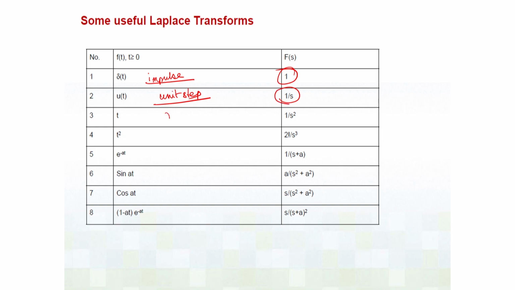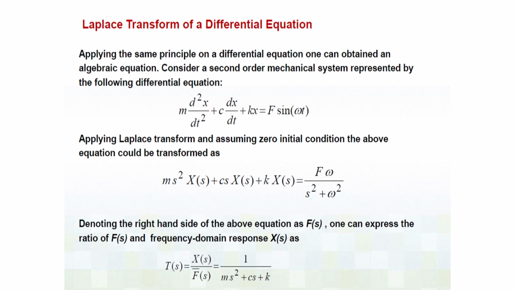For the ramp, this is the ramp, it is 1 over s square, and this is called the parabolic ramp, for it is factorial 2 over s cube. Then we have things like exponential, sinusoidal, cosine, and the product of the thing. So, these are some useful Laplace transformations you have to keep in your mind.